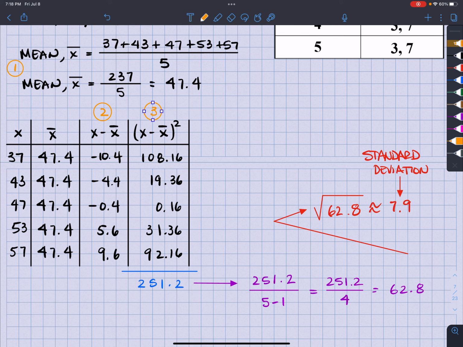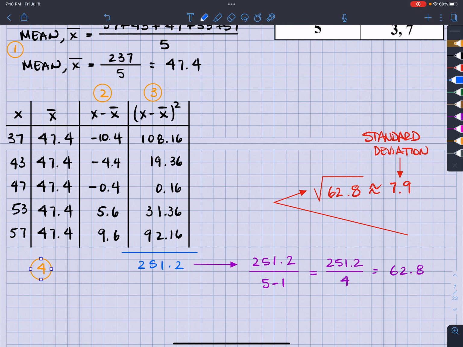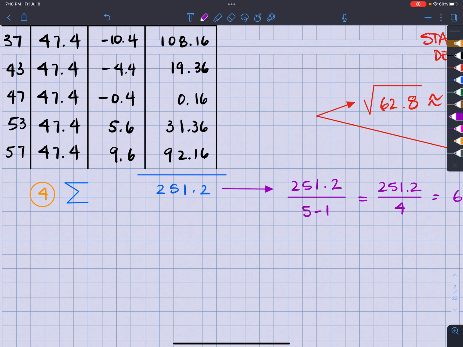Step 4 was here; remember, this was the sum of step 3.